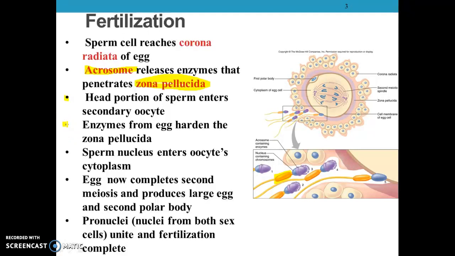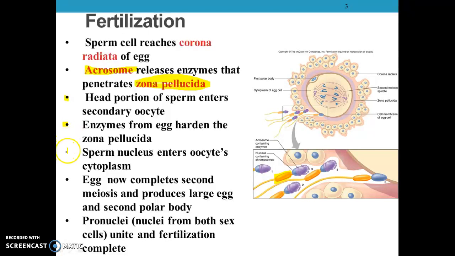So what that means is as soon as that first sperm enters, the egg goes, okay, I got my one set of chromosomes. I do not need any more, because that would lead to issues. So as soon as that first sperm breaches that layer, the layer is going to get hard, and that's going to prevent any other sperm from entering. So the first one makes it, all of the other ones are permanently going to be blocked out.